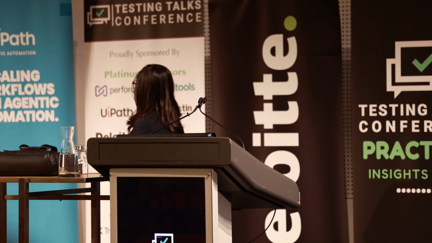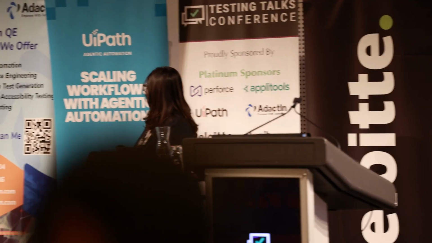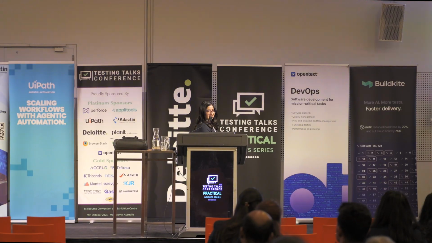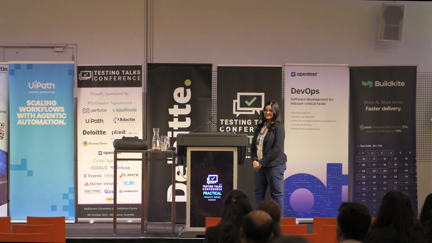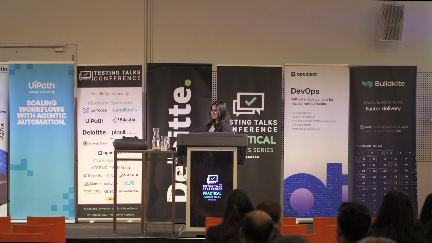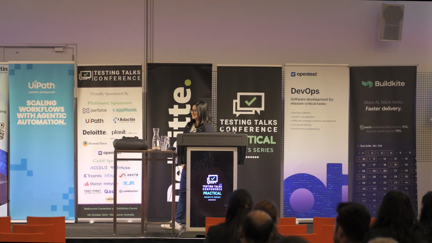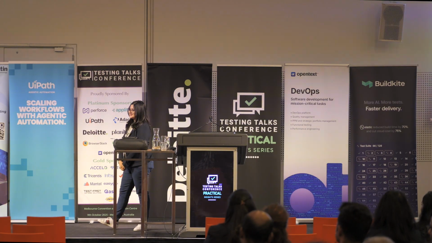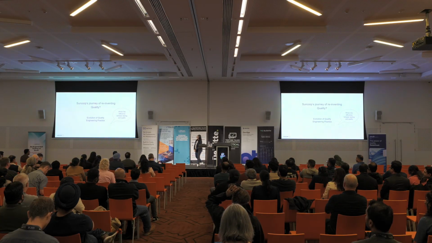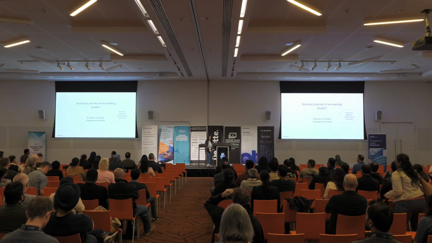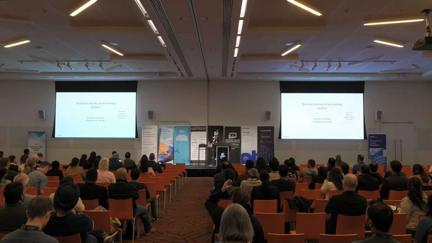We started reinventing the way we look at quality. So when I talk about quality engineering, does anybody here know the difference between testing versus quality engineering? Yep, fantastic. Testing is a phase in the software development life cycle.